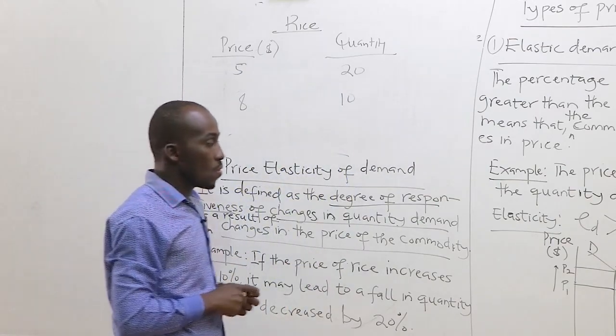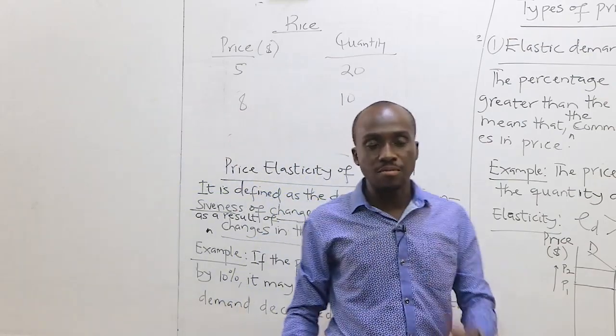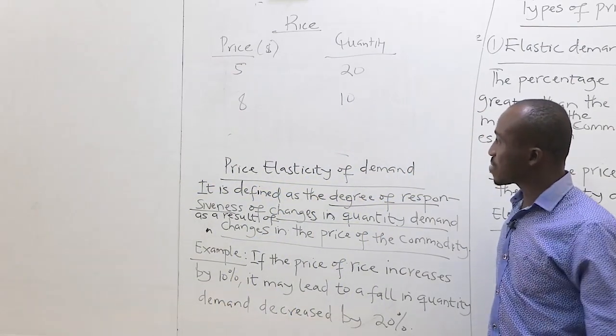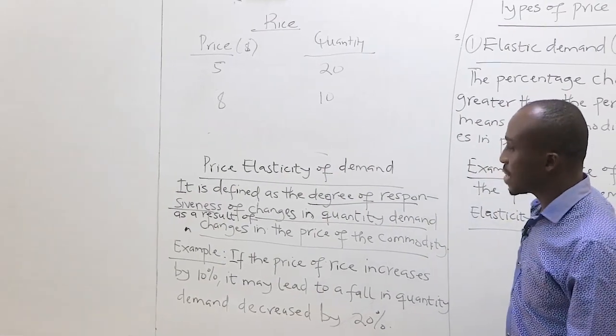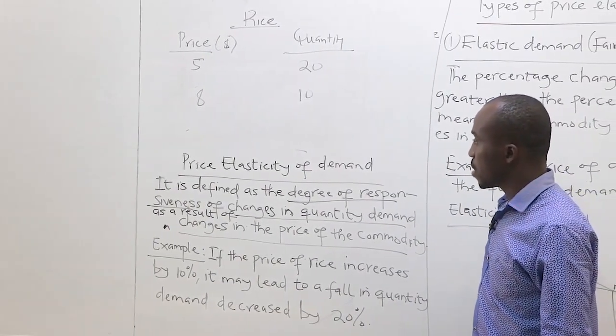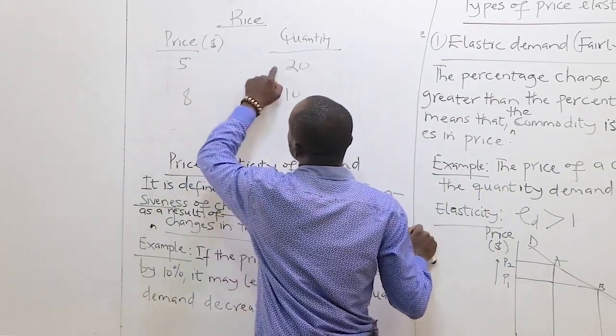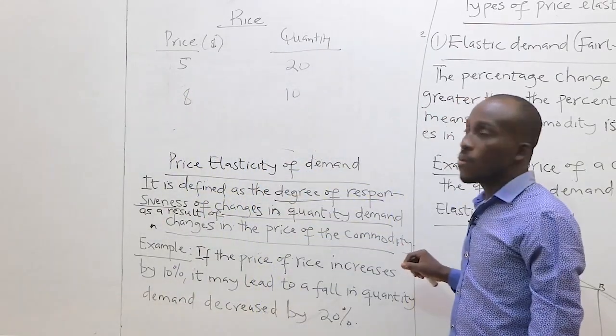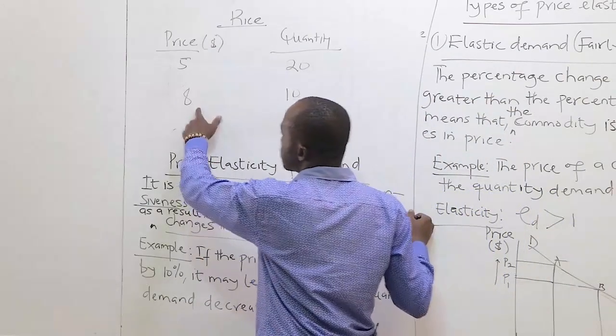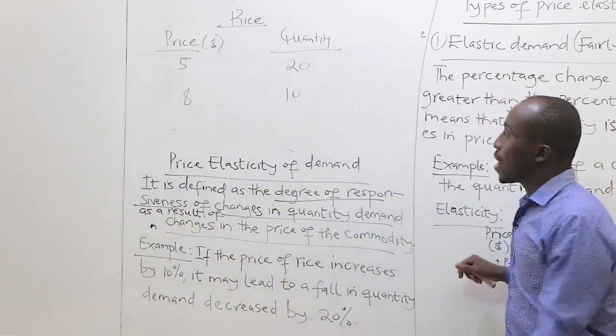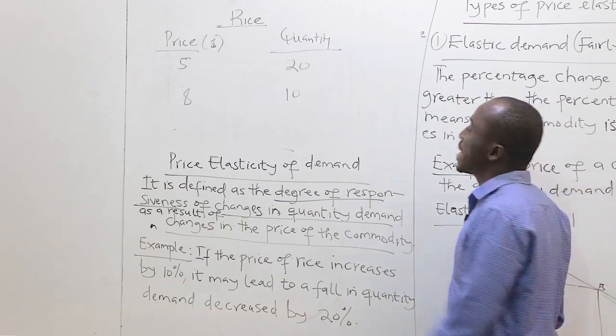What is the elasticity telling us here? Let's understand something before we move on. Price elasticity of demand is telling us that I was buying something, the price was 5. I bought 20. When the price increased to 8, I decreased my demand to 10.